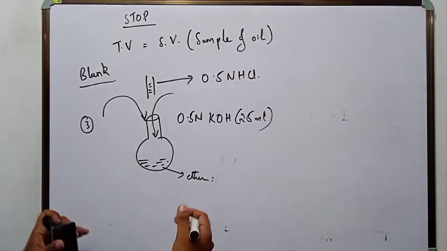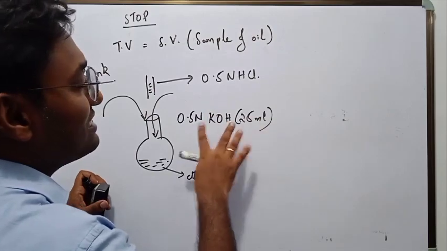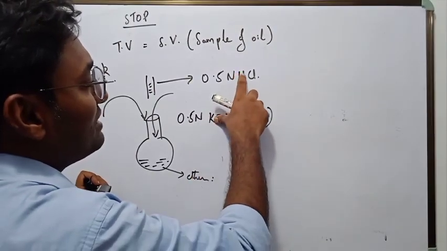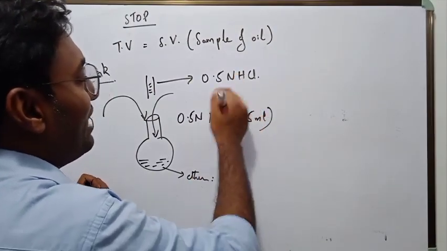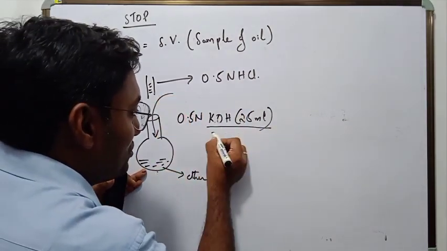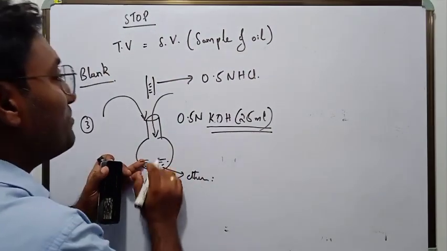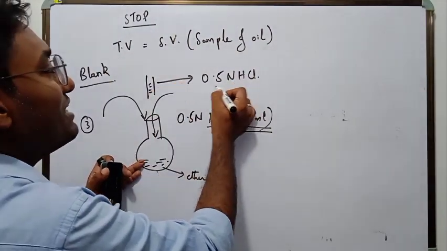The same thing will happen, but the reaction with triglyceride will not happen. Only the reaction between HCl and KOH would happen, and whatever KOH we have used, that is 25 ml, that much KOH is available for reacting with HCl.